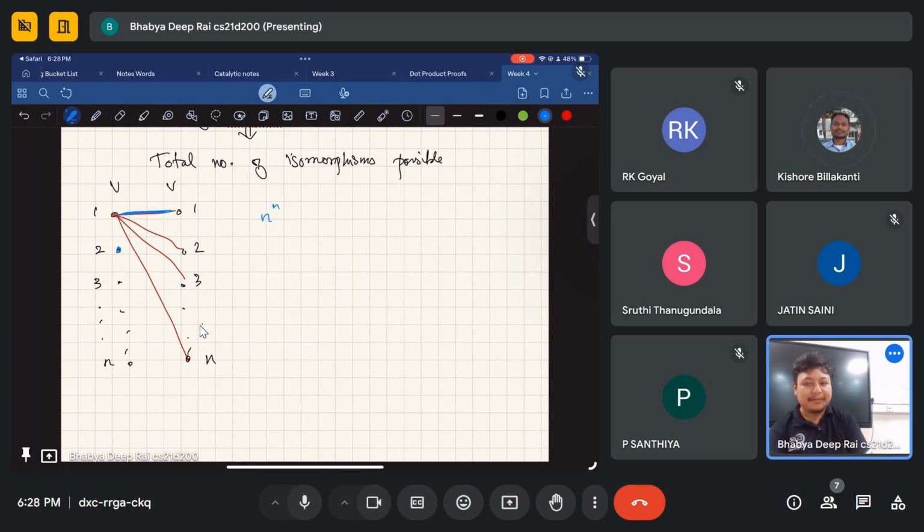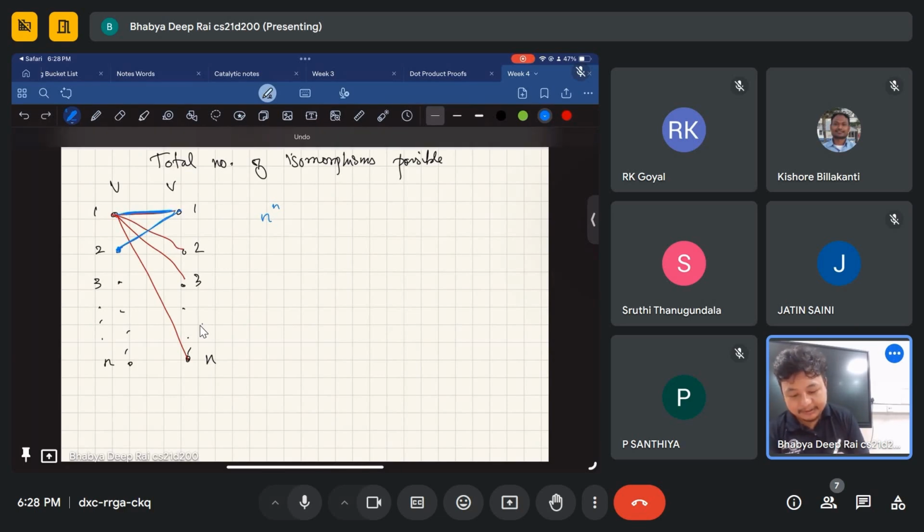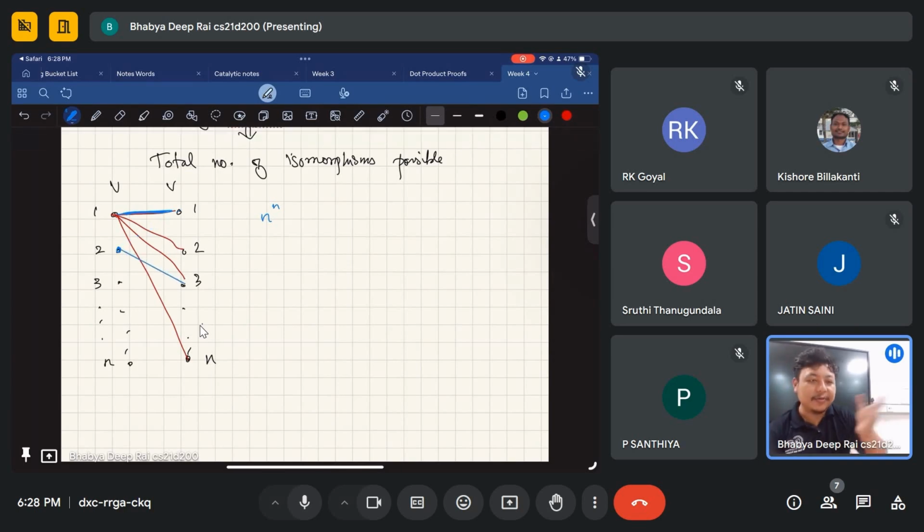No, that is not right, because that would be the case if this were not a permutation. Remember, this is a bijection, it is not just a function. I cannot have 1 mapping to 1 and 2 mapping to 1. I need 2 to map to another vertex. It should be a unique mapping.